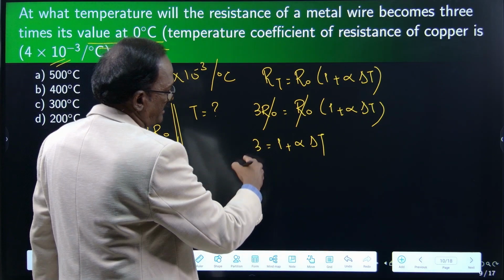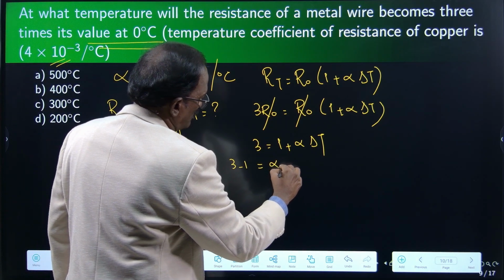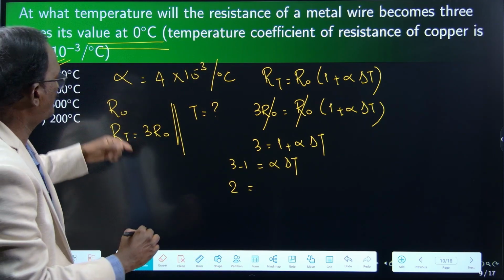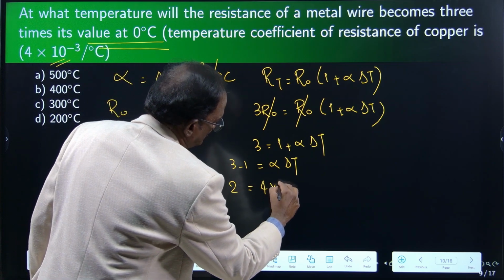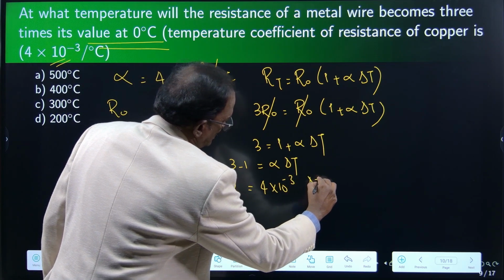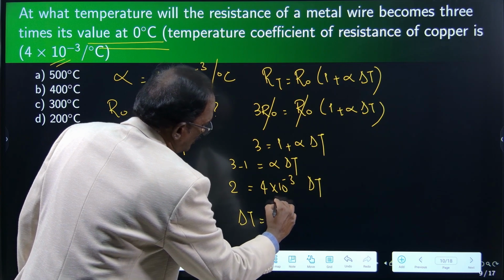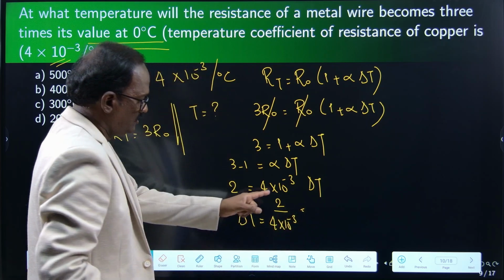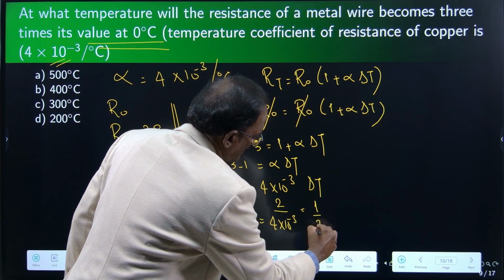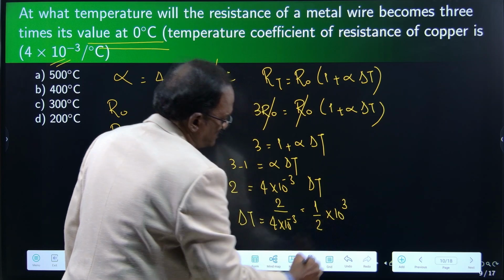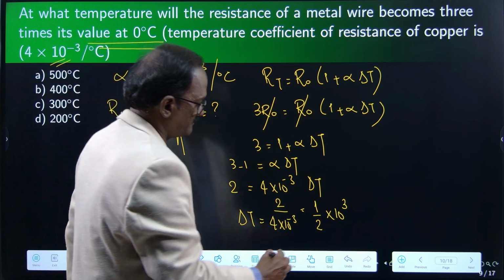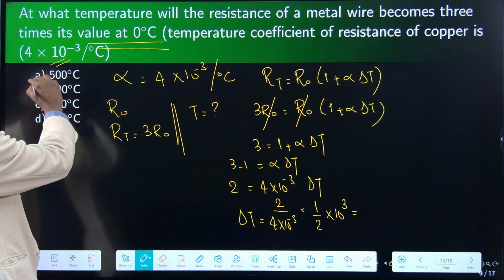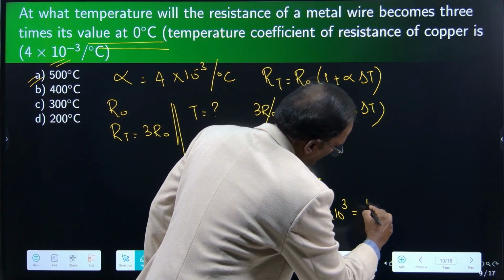So 3 minus 1 is equal to alpha delta T, and 2 is equal to 4 into 10 to the power of minus 3 into delta T. So delta T is equal to 2 divided by 4 into 10 to the power of minus 3, which is 1 by 2 into 10 to the power 3. This is 0.5 into 10 to the power 3. The option is 500 degrees Celsius, yes, 500 degrees Celsius.